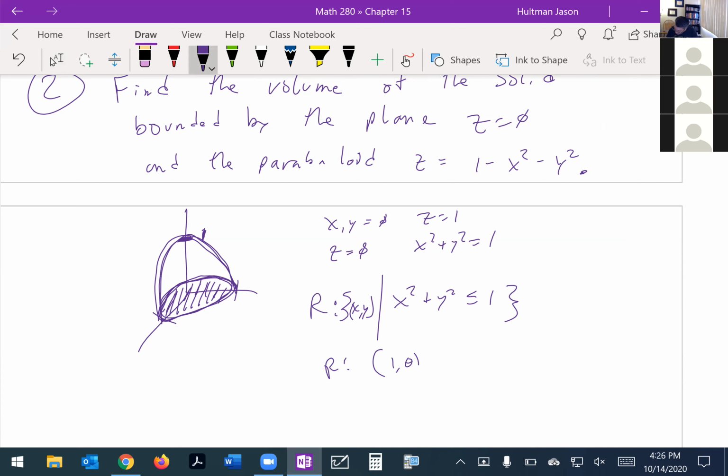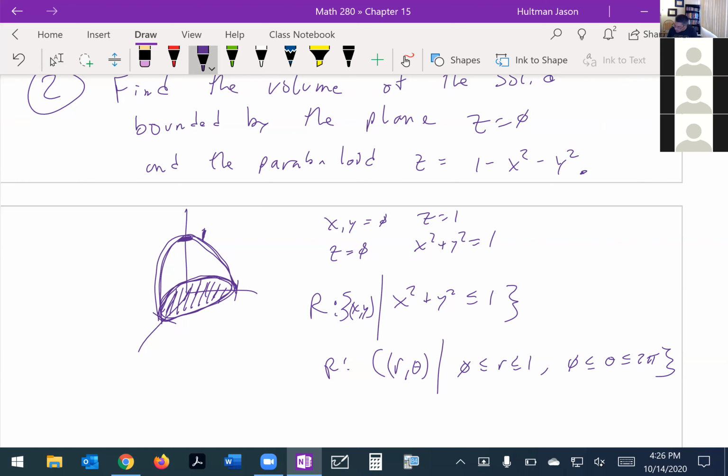Changing to polar coordinates means that theta can go from 0 to 2 pi. Let's look at r. r goes from 0 to 1, and theta goes from 0 to 2 pi.